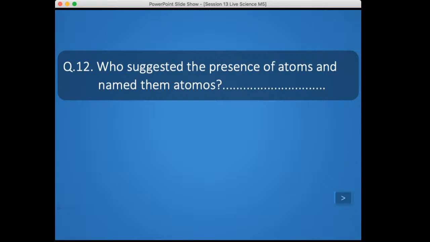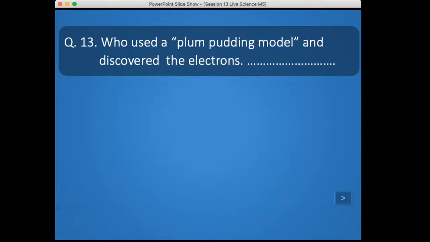Who suggested the presence of atoms and named them atomos? He was a Greek scientist. The correct answer is Democritus. Who used a plum pudding model and discovered the electrons?